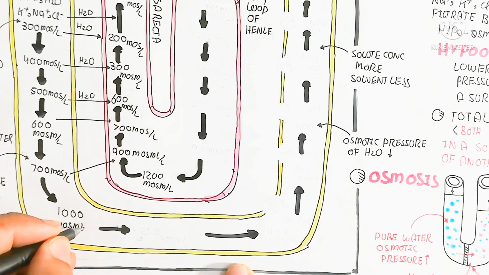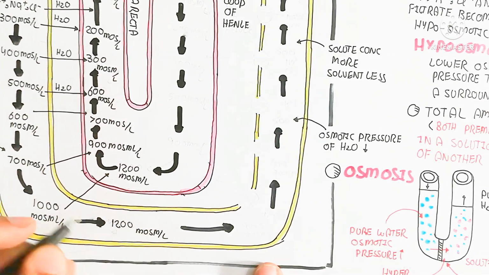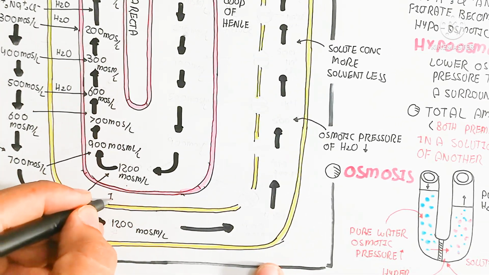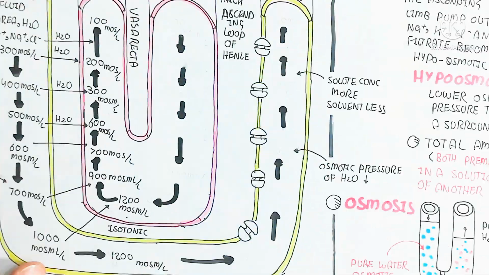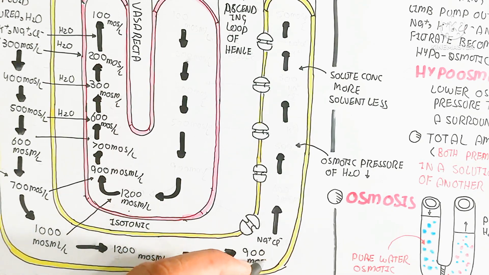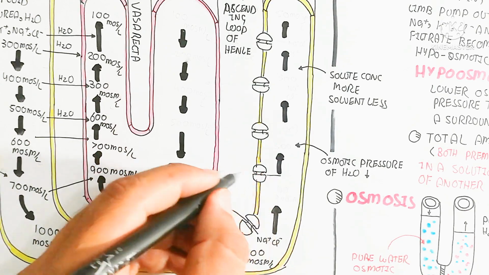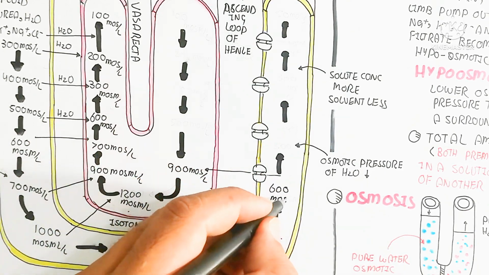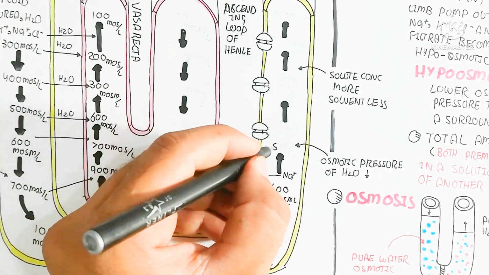It means when the milliosmol per liter increases, the water will decrease, so the water will move toward the vasa recta where the milliosmol per liter will be increased, meaning the concentration of solute will be increased. When the concentration of solute is increased in the ascending loop of Henle, it will not allow water to be absorbed into the vasa recta.